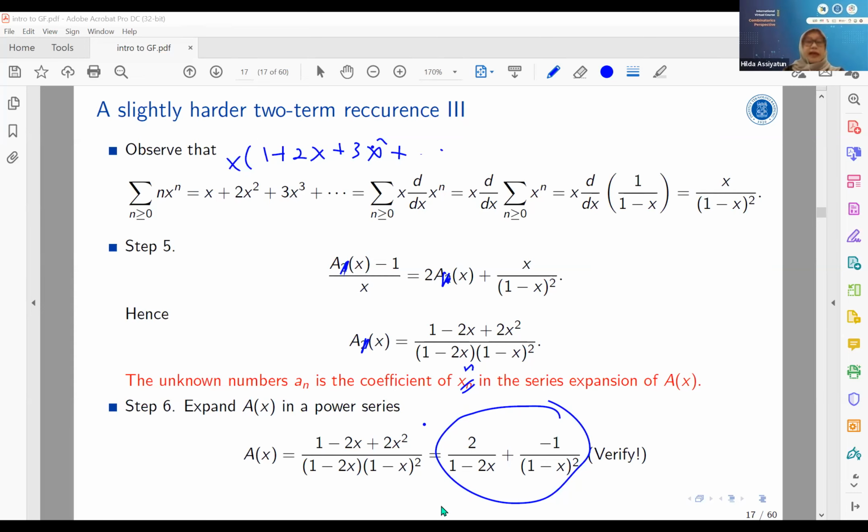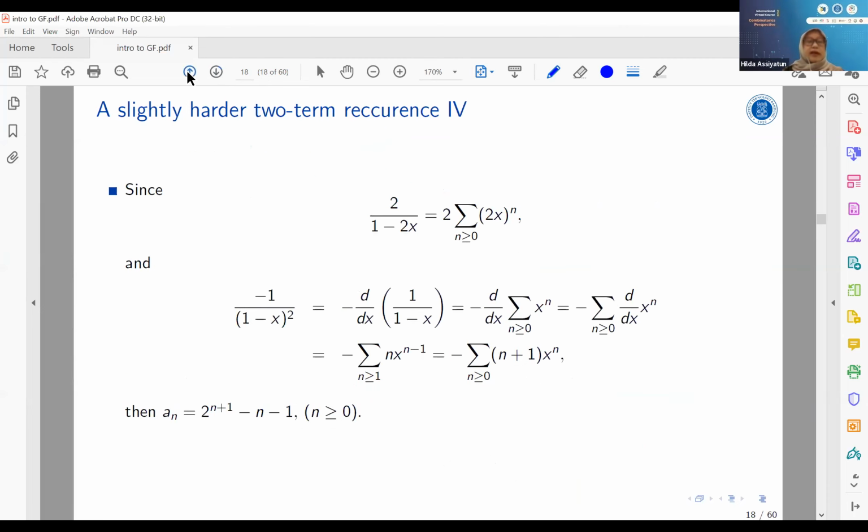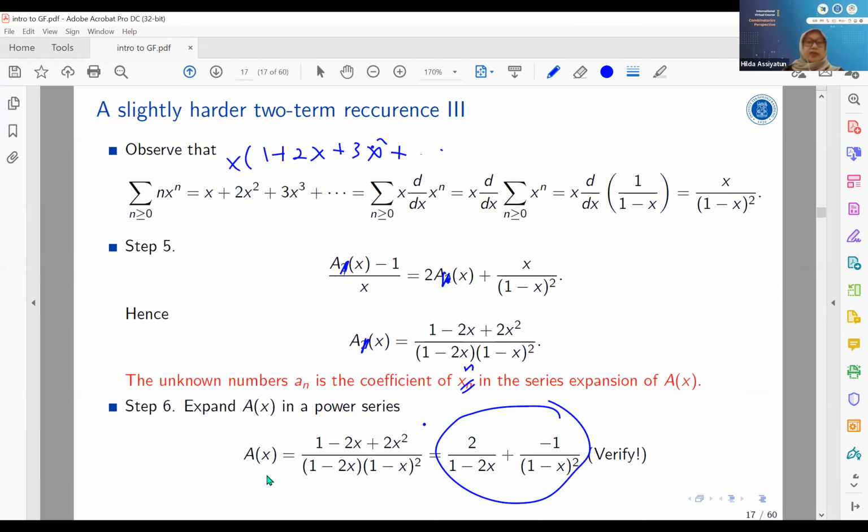Now, okay. So this is the generating function. From here we can extract the coefficient by expanding into a series.